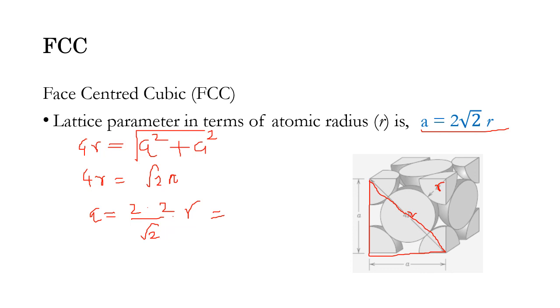We know that I can write 4 as 2 into 2, and 2 as root 2 into root 2, so a equals 2 root 2 into r times root 2 divided by root 2, so this gets cancelled. So you get a equals 2 root 2 r. So that's how this relationship is derived.